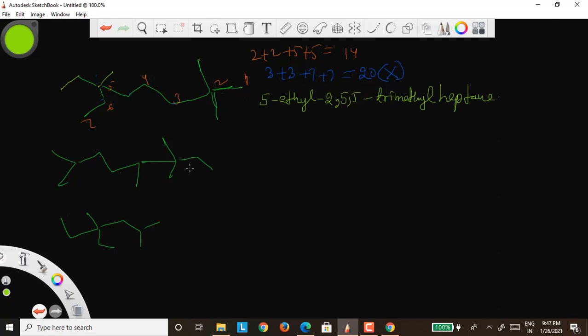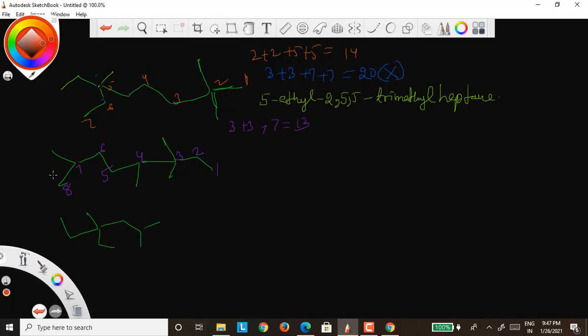Now this will be numbered. So how will it be numbered? If it is numbered right to left, let us give 1, 2, 3, 4, 5, 6, 7, 8. Then what does the lowest locant rule give? 3 plus 3 plus 7, 13.